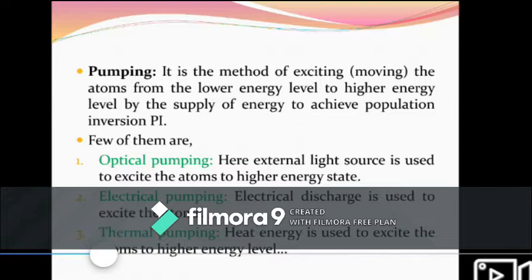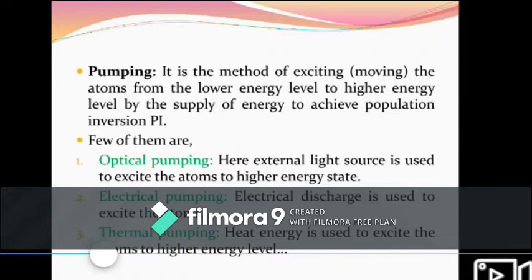The situation is the same: you are moving atoms from lower to higher levels using electrical energy. Similarly, by using heat energy, you can excite the atoms to higher energy levels. These are the different ways of achieving population inversion.